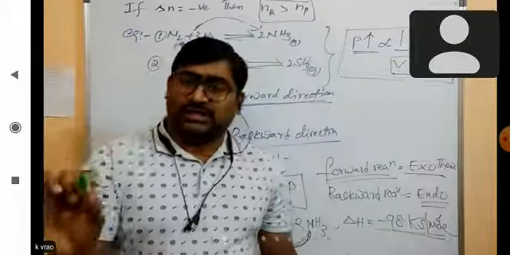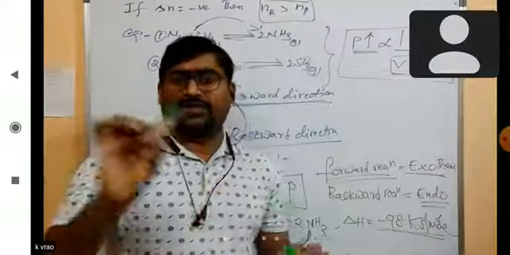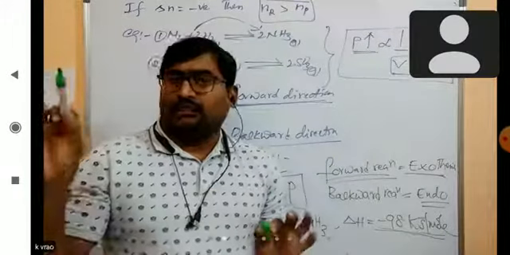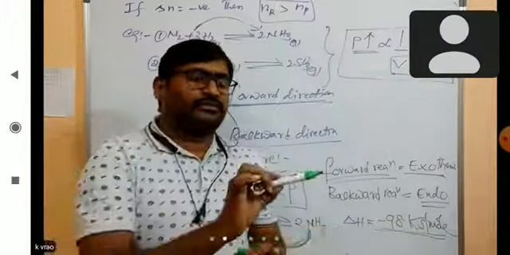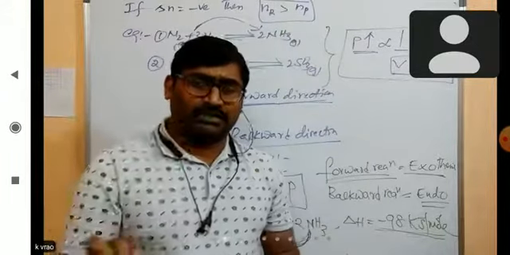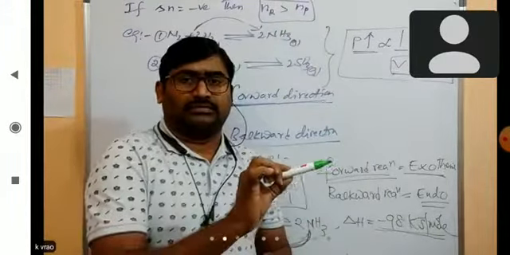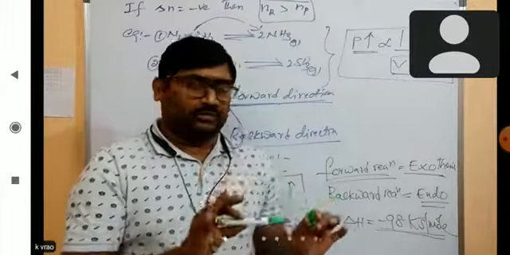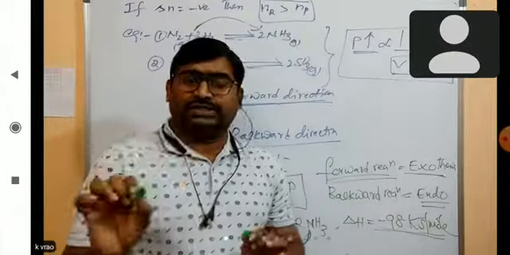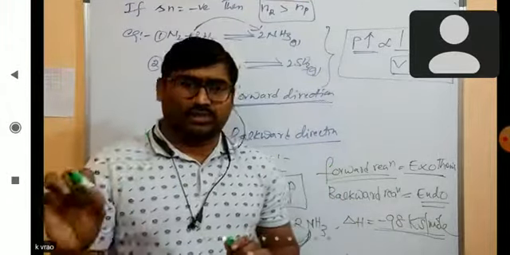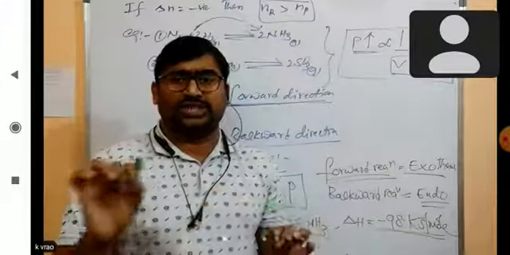If the forward reaction is endothermic, it is favorable for high temperature. If the backward reaction is endothermic, it is favorable for high temperature. Got it? Next, case number 2: if the forward reaction is exothermic, less temperature is required.